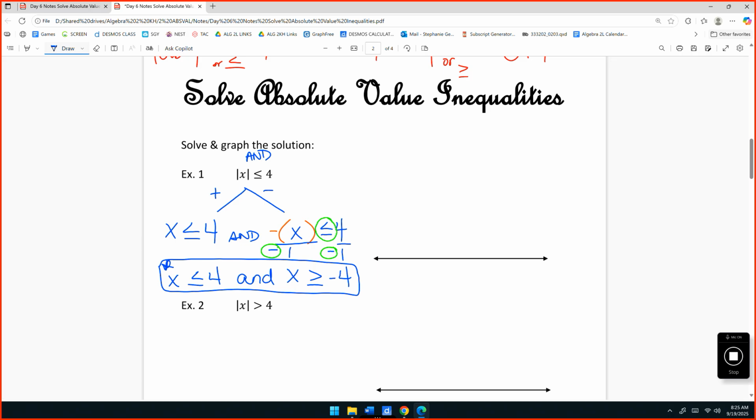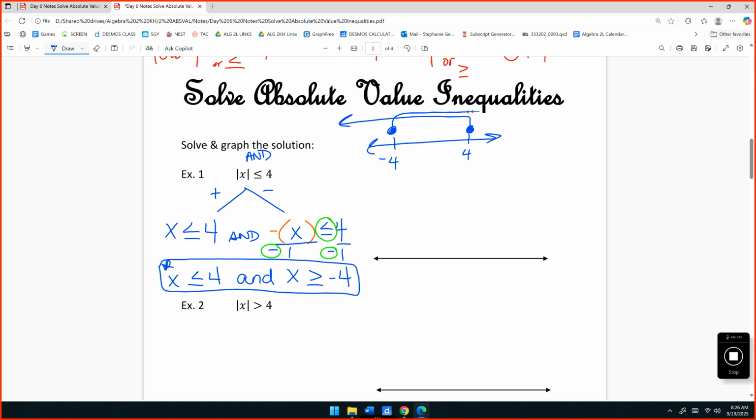All right? So if I were to then make a practice graph, I would say, okay, I have a closed circle at 4, and it's less than or equal to, so it'd be going left, and a closed circle at -4, and it's greater than, because we had to flip the sign, right?